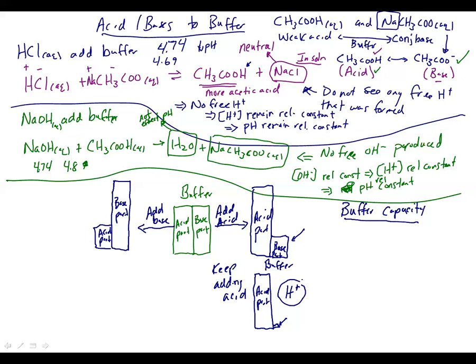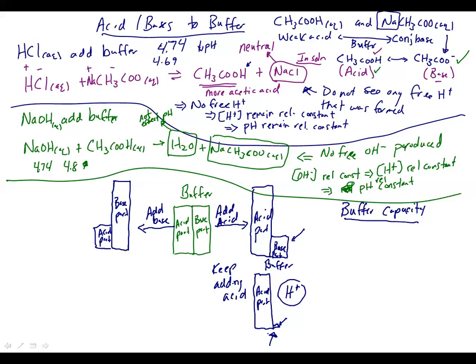For example, if your buffer here was 0.01 molar, and you didn't read the instructions, and instead of grabbing the 0.1 molar hydrochloric acid, you grabbed the 18 molar hydrochloric acid, then depending on how much you added, there would not be enough of the base part of the buffer to handle that. You would essentially blow right through the base part of the buffer, end up in this position very quickly, and see a big jump in pH.